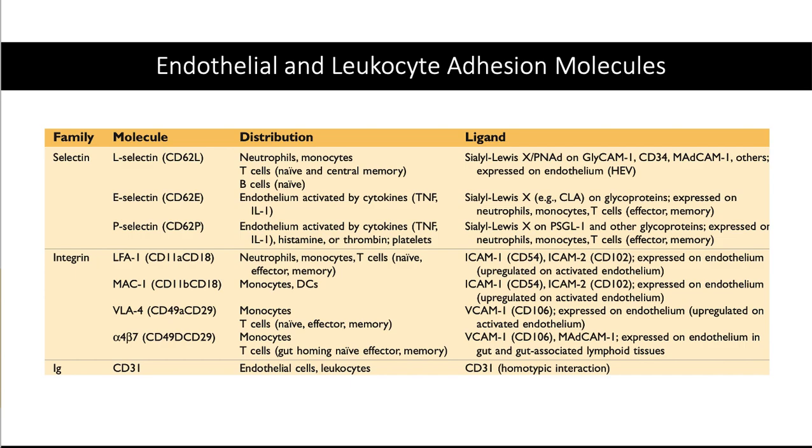The two major families of molecules involved in leukocyte adhesion and migration are the selectins and integrins. These molecules are expressed on leukocytes and endothelial cells, as are their ligands.